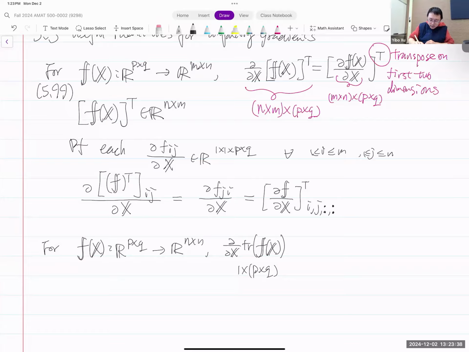The right hand side is a trace of the Jacobian tensor, and I want to highlight that the trace here is with respect to the first two dimensions. Just like the previous equation, it is the trace on the first two dimensions of the tensor.